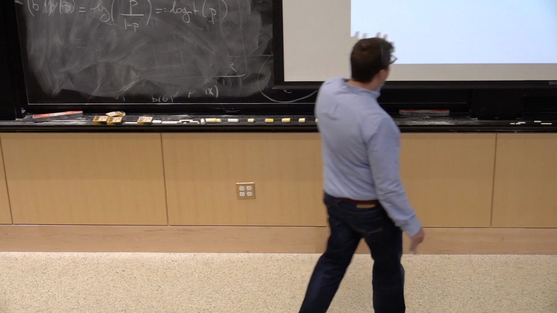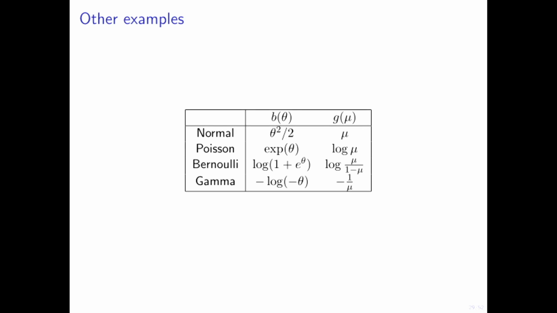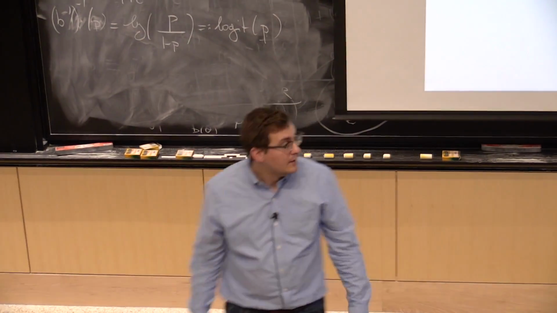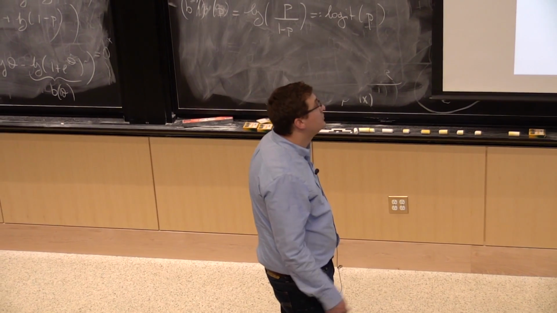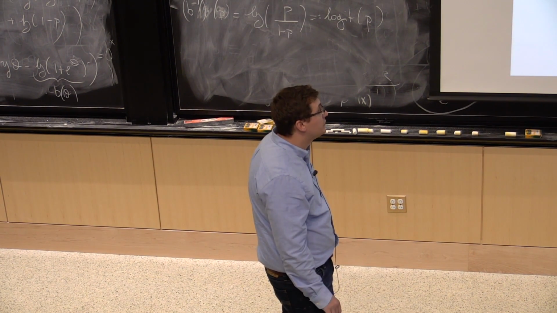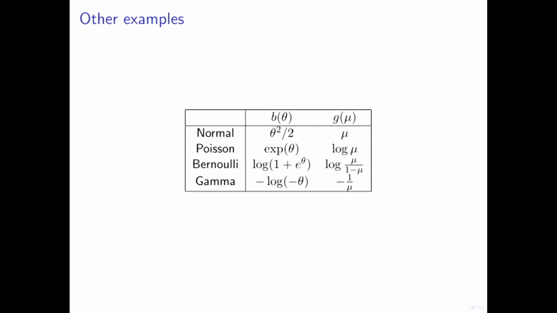The Bernoulli, we just did it. So b, the cumulant function, is log of 1 plus e to the theta, and the link is log of mu over 1 minus mu. And for the gamma function, where you have minus log of minus theta, you see the reciprocal link is the link that actually shows up. So minus 1 over mu.